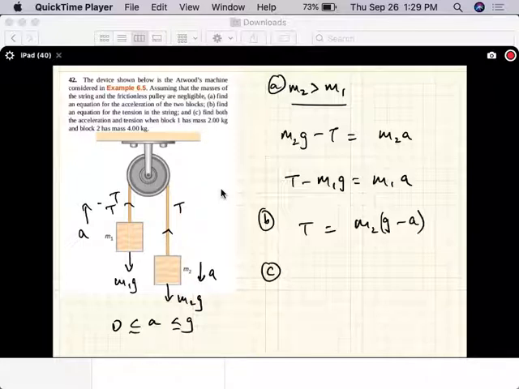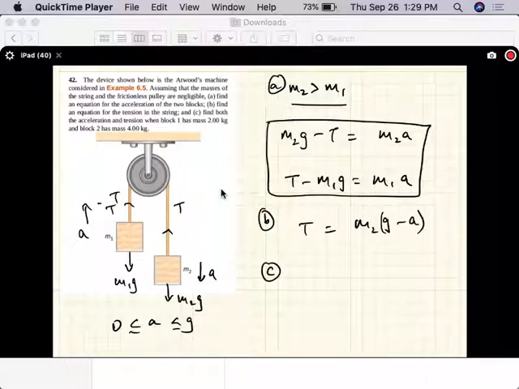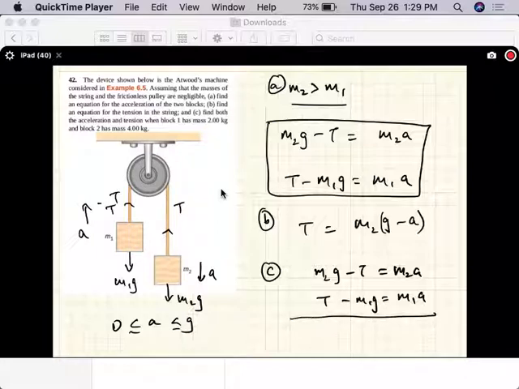Now for part C, let me write down these equations again. M2g minus tension equals M2a, T minus M1g equals M1a. If you add the two equations, the tensions will cancel. (M2 minus M1)g equals (M1 plus M2)a.